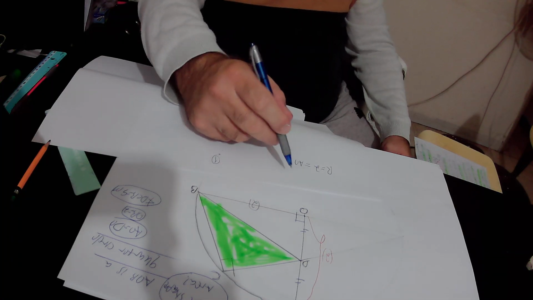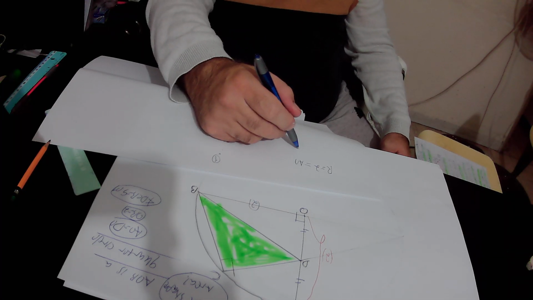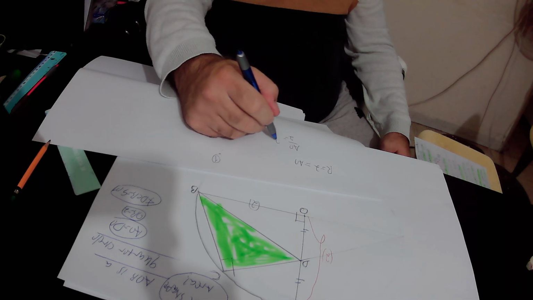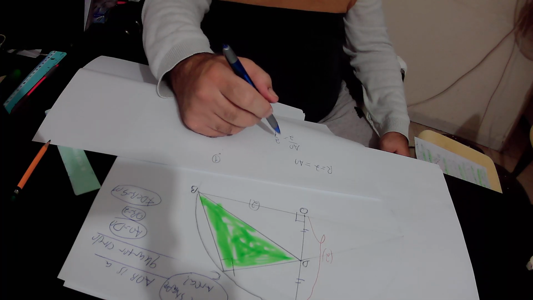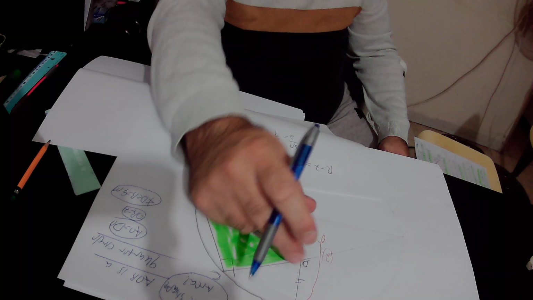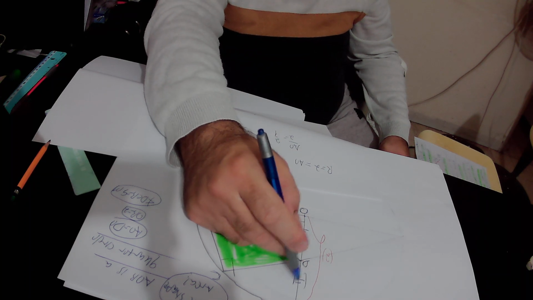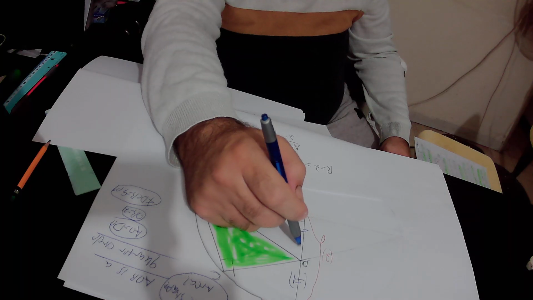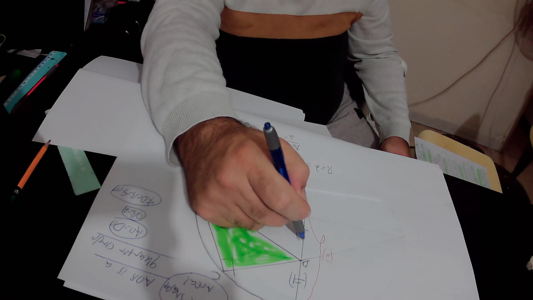Each half, of course, must be equal to AO over 2. AO over 2 is 2 over 2, that is 1. So the first half of the radius AO is equal to AD, that is 1. And it is of course equal to the second half of the radius AO, that is DO, that is also 1.